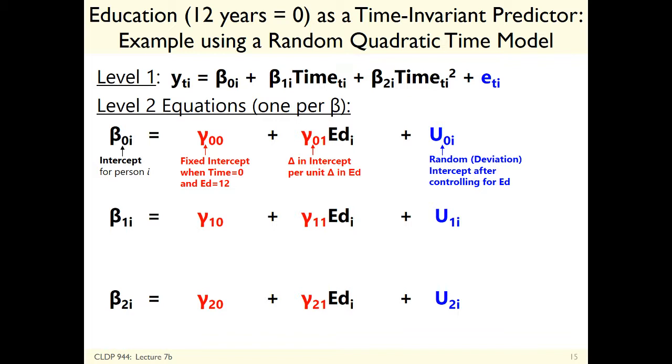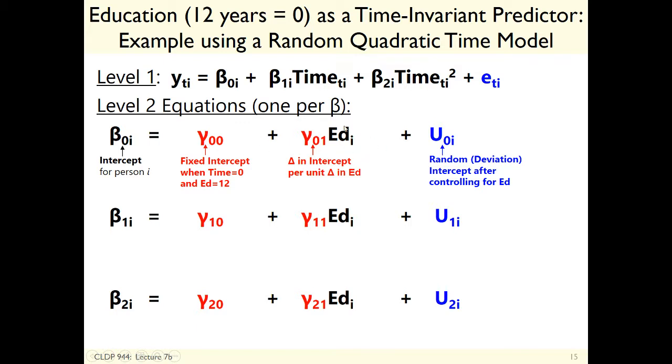But I digress. Fixed, everybody gets the same. Random, everybody gets their own, right? Still true. Gamma 01 does not have an i because that is the effect of education on the intercept. It's fixed. Everybody gets that same increase to their intercept based on their education level. So all high school graduates have the same intercept.